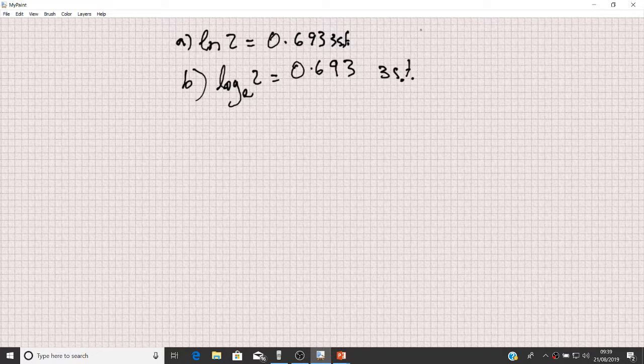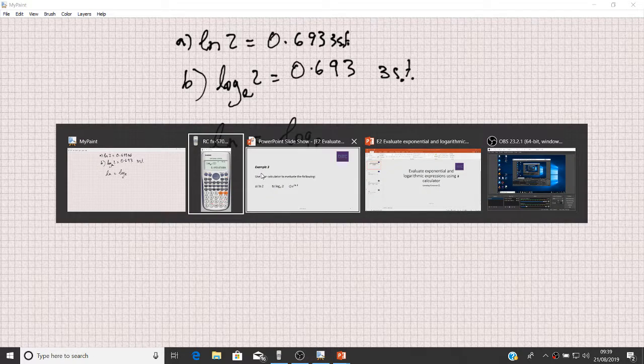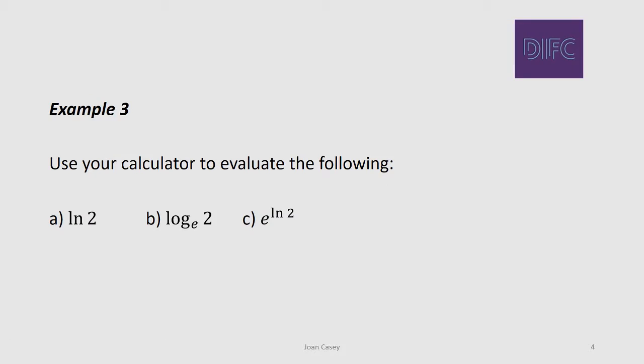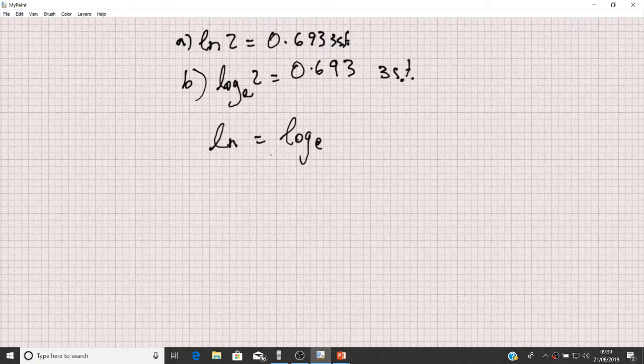And what I wanted to show with this is the button on your calculator that says ln is in fact log base e. And we'll just look at the final example, if we were to have e raised to the power of ln 2. Let's take a look at that. e raised to the power of ln 2.